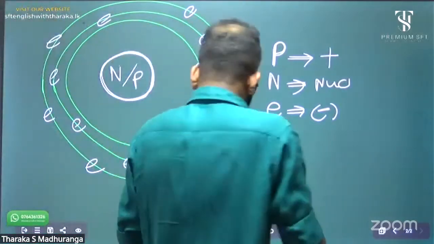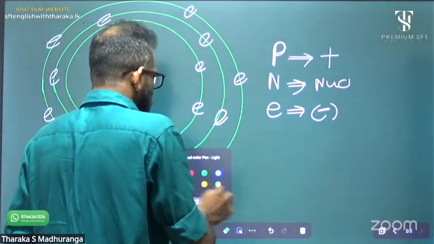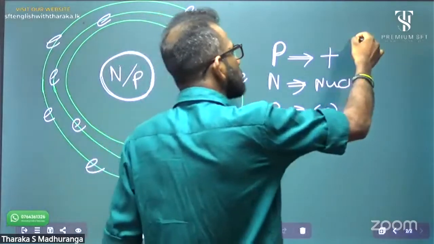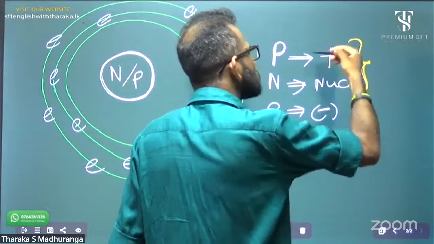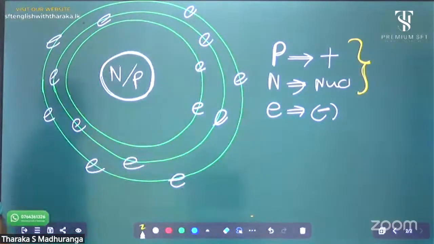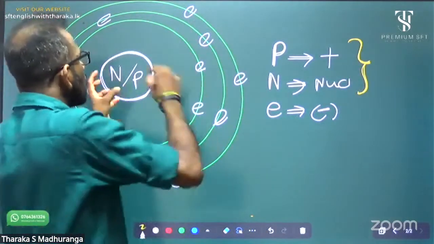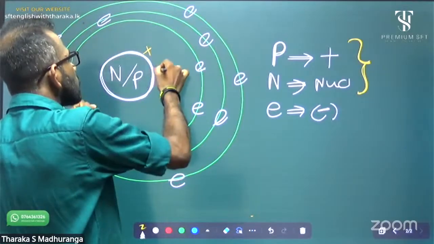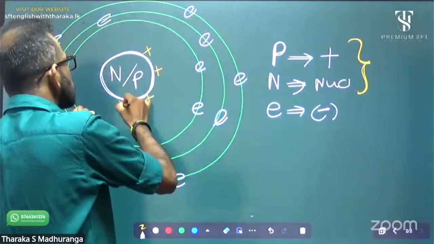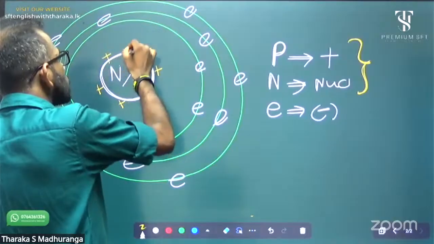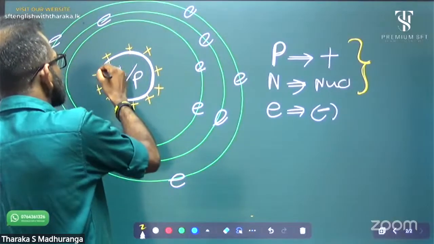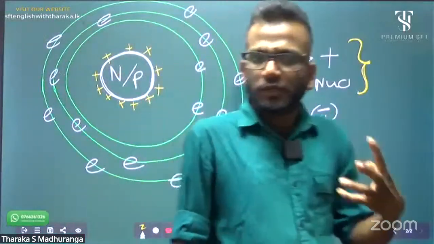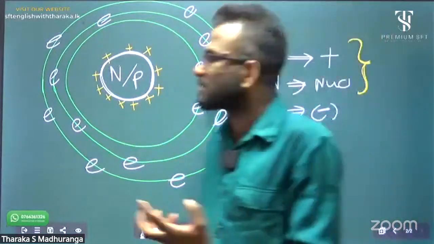Now, due to protons being positive charge and neutrons being neutral, the overall nucleus is positive charge, as we already discussed.